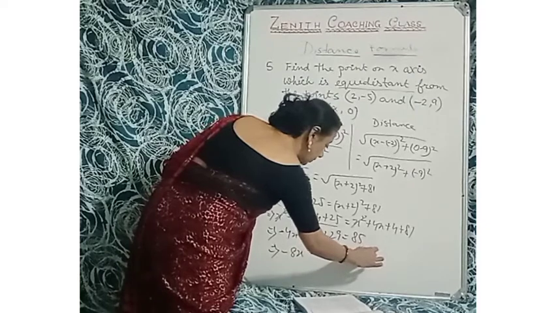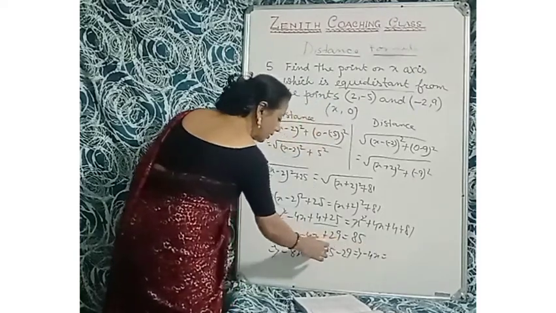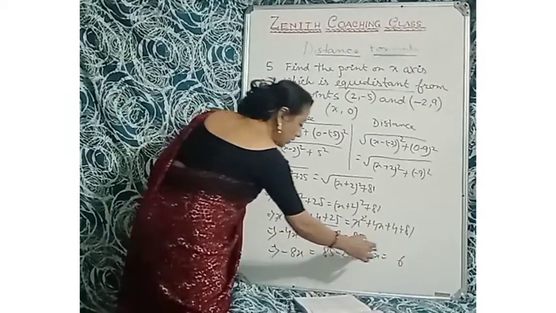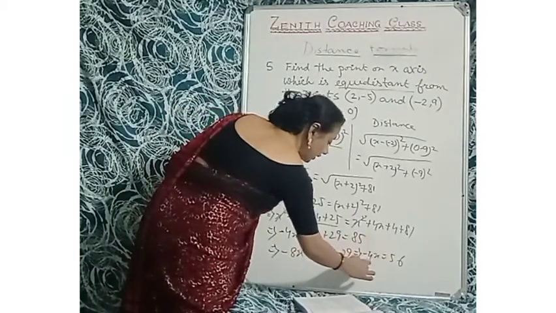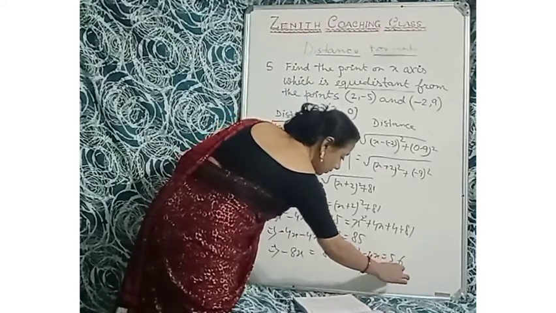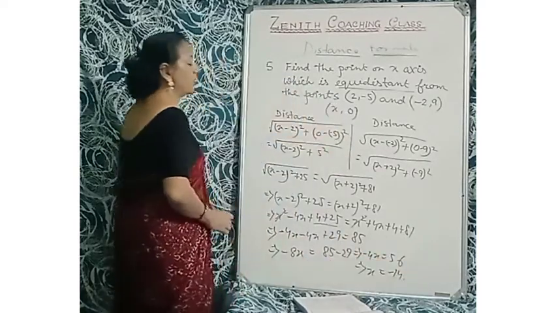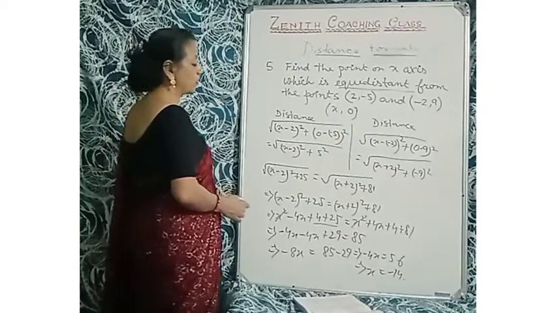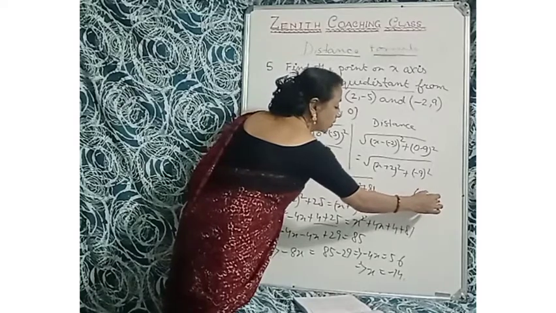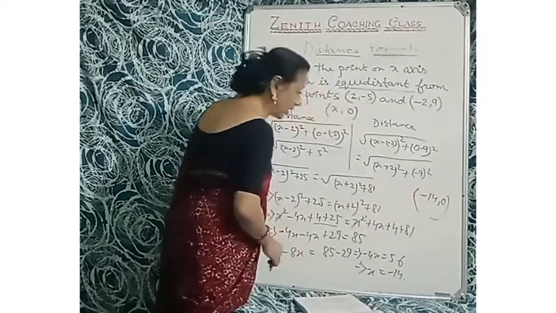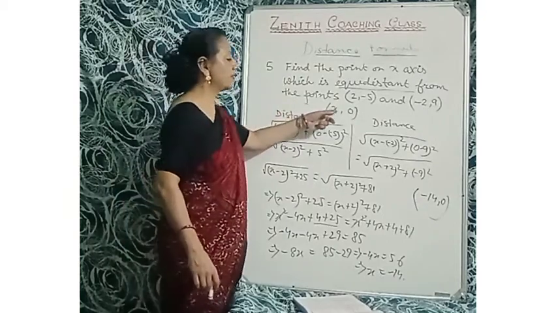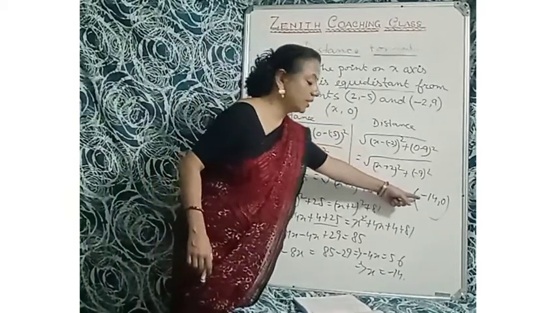So minus 4x equals 9, then x equals minus 14. So what is the value of x? That is minus 14. So what is the coordinate? Minus 14, 0. Okay, so understood the sum? So here is the point x, 0. The point is (-14, 0).